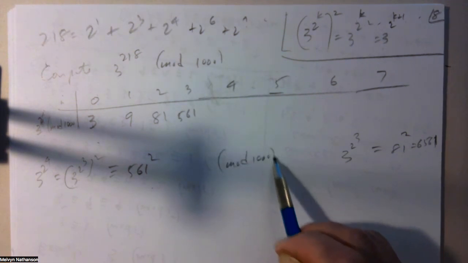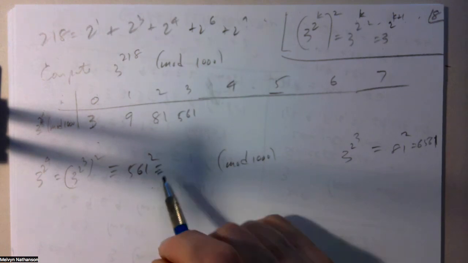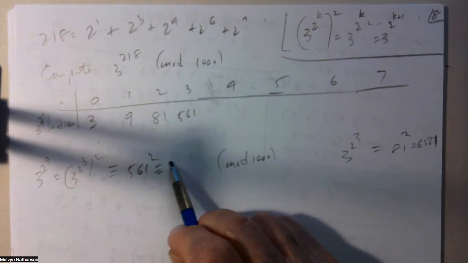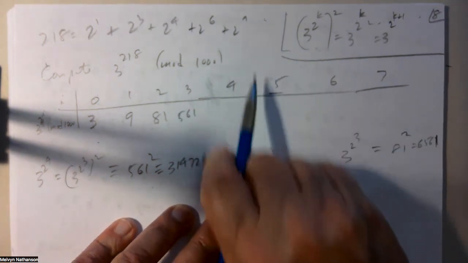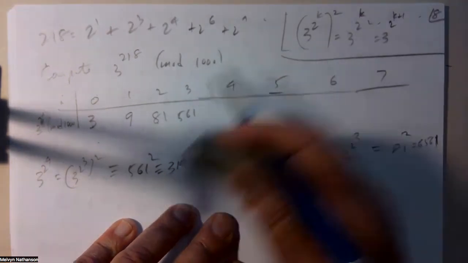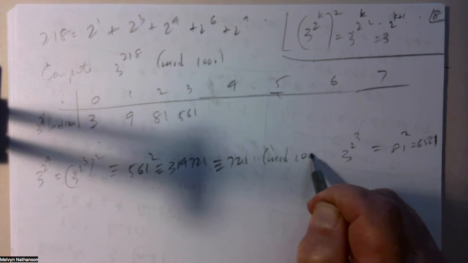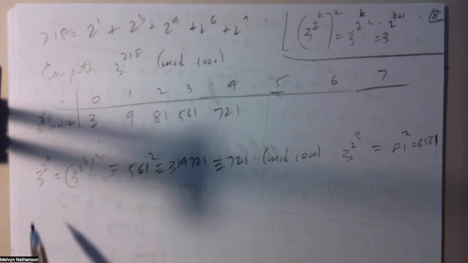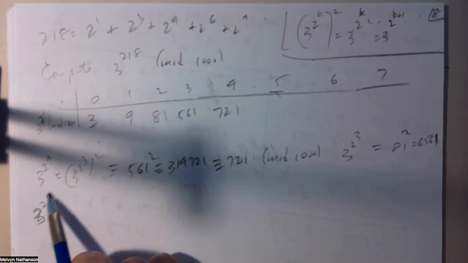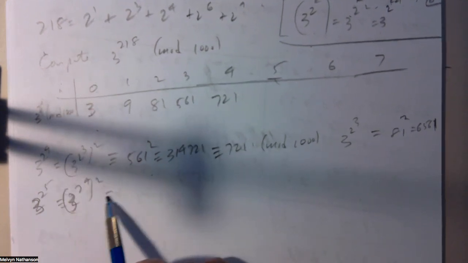This is mod 1,000. What is 561 squared? According to my calculator, this is 314,721, which is congruent to 721 mod 1,000. 3 to the 2 to the 5th is 3 to the 2 to the 4th squared.